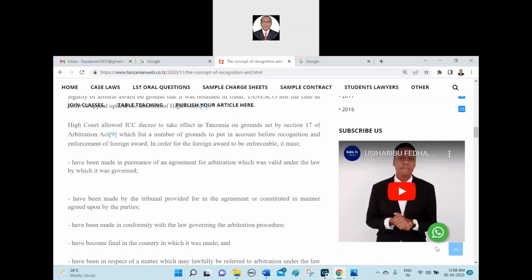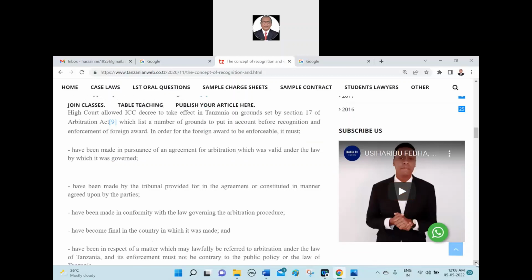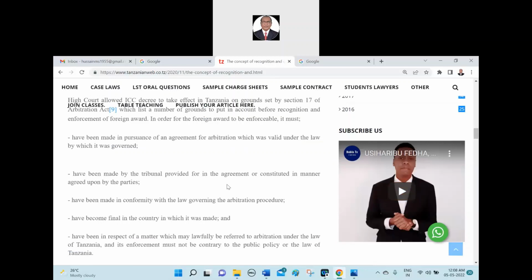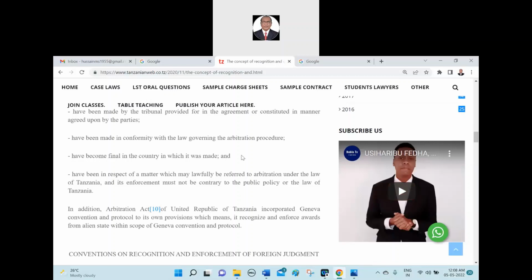There is no illegality. They followed the governing law and the arbitration procedure, and it became final in the country where it was made, by a competent tribunal. So all the conditions were followed.